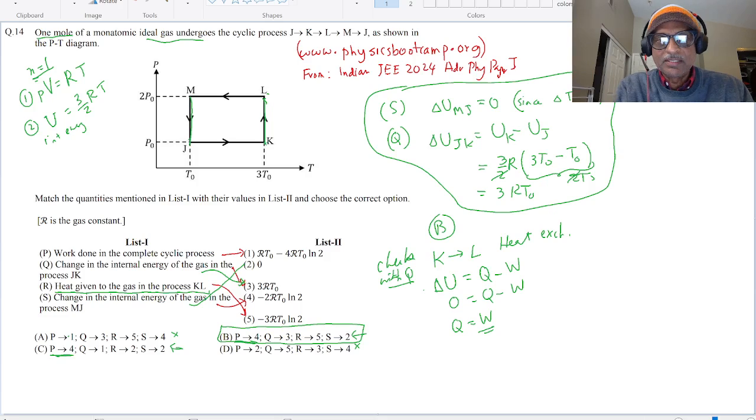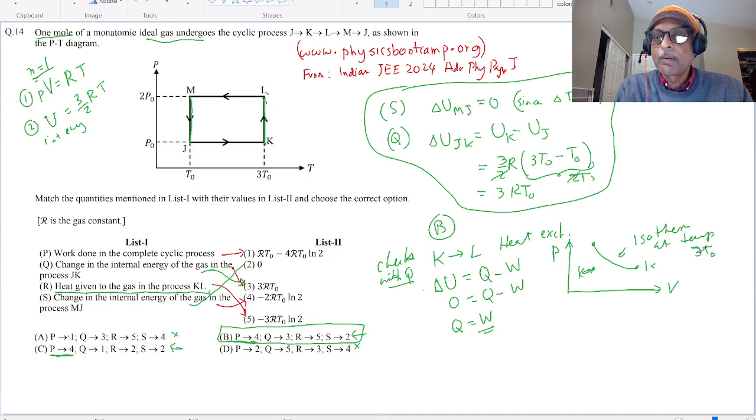This is a constant temperature process. I'll give you a hint and then you can do it. If you draw this on a PV diagram, the pressure is increasing, so this may be K, and the temperature is the same. So this will be an isotherm at temperature 3T0, and K to L will be like this.